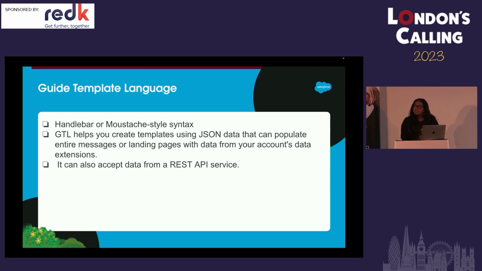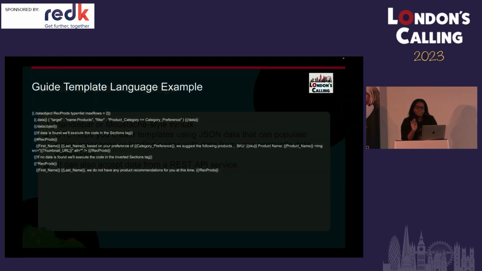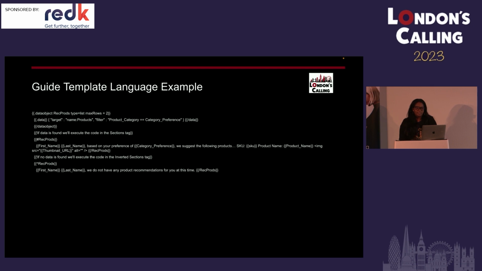So that was what people mostly used it for, to parse JSON when they were doing a REST API call or any type of API call. It's really not that widely used, but I just wanted to make everyone aware that it does exist. So this is an example of what guide template language looks like. You can see we're bringing in some records, and then we're outputting those records, first name, last name, category preference, as if it were an email template.